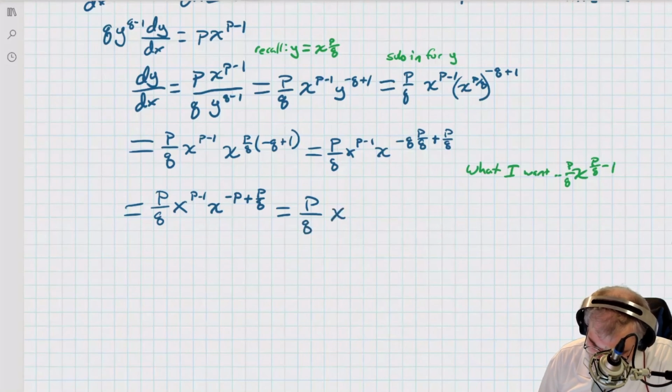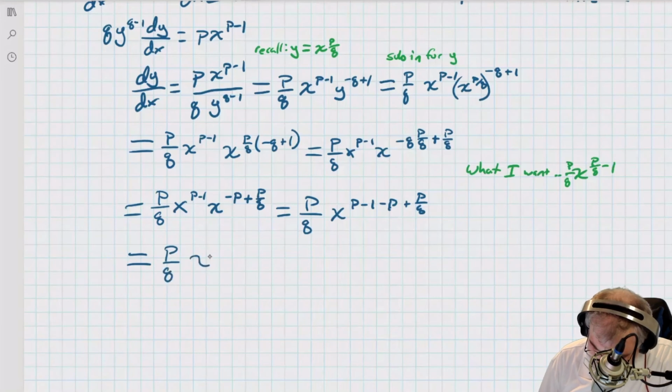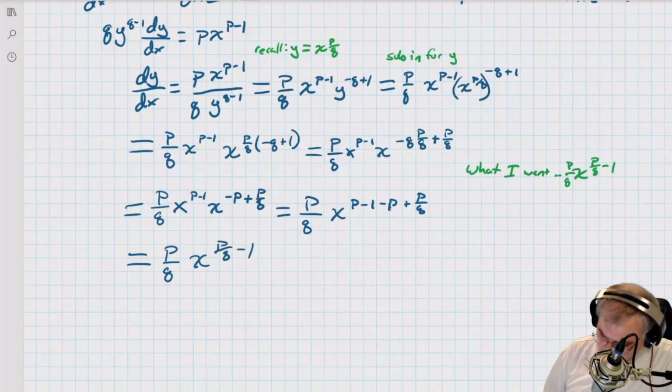Now I'm going to add the exponents together, and I get p minus 1 minus p plus p over q. The p's are going to cancel, and I wind up with p over q minus 1, which is what I wanted.